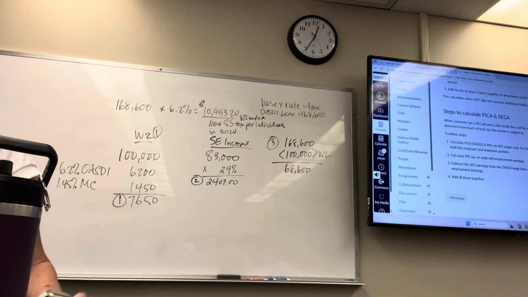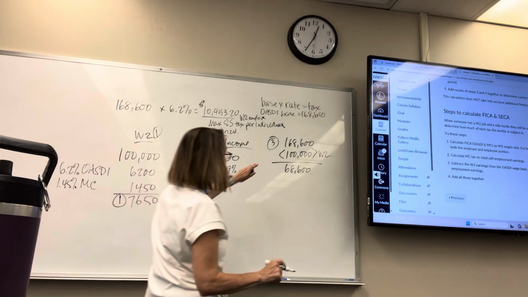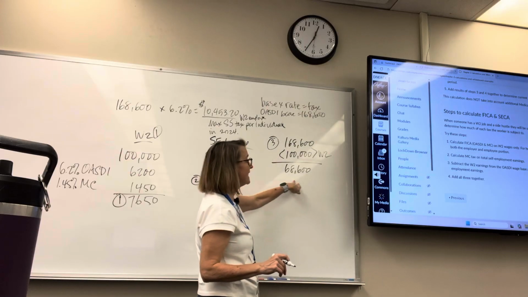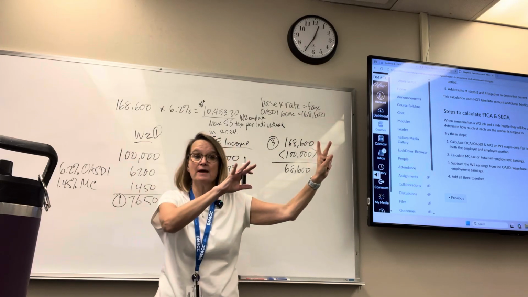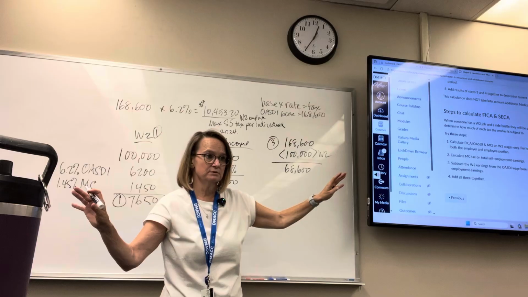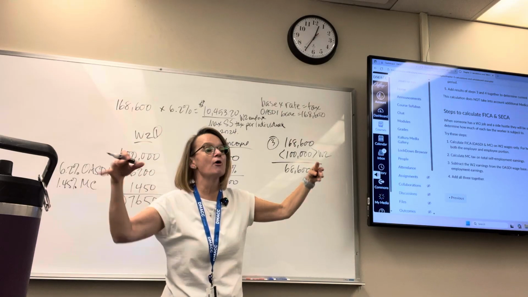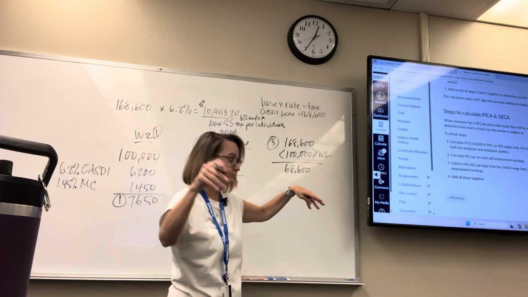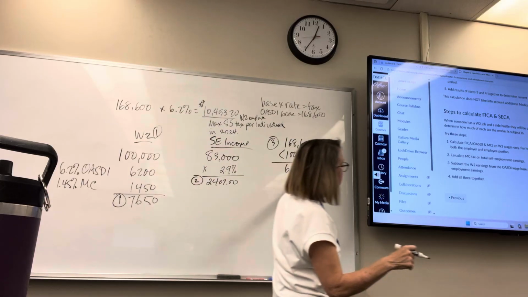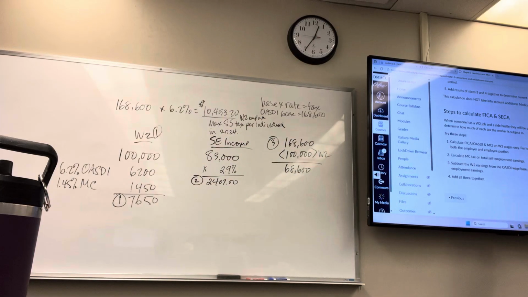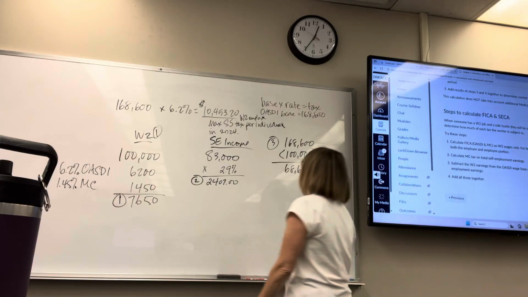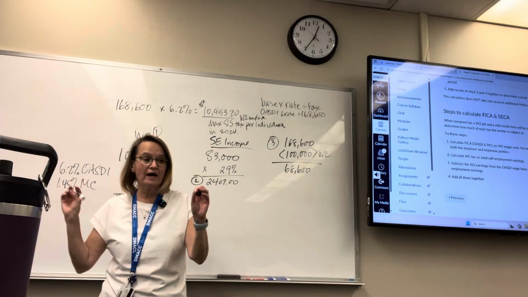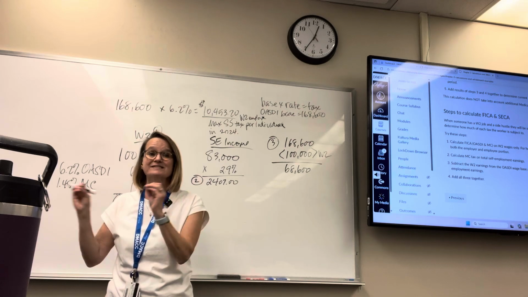All right, so subtract the W-2 earnings from the OASDI wage base, which we did. If this was negative, then just like the other step, none of it would be subject to Social Security tax, right? Because it means you're already over the OASDI wage base. So 68.6, calculate the SECA tax, OASDI only, on that portion of self-employment earnings. Now, this is where you've got to remember that tax rate is doubled.